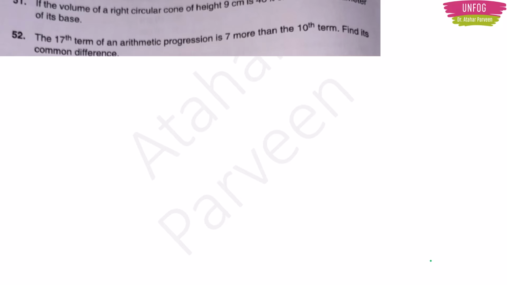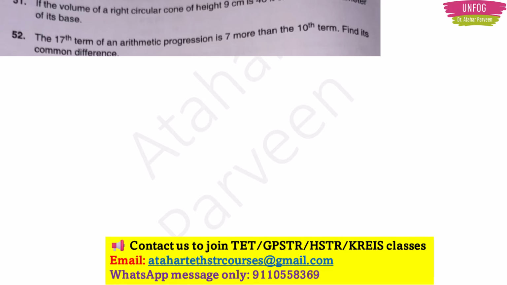It is an arithmetic progression question. The 17th term of an arithmetic progression is 7 more than the 10th term. Find its common difference. So by now you know everything about arithmetic progression. We have discussed it in the multiple choice questions classes also.